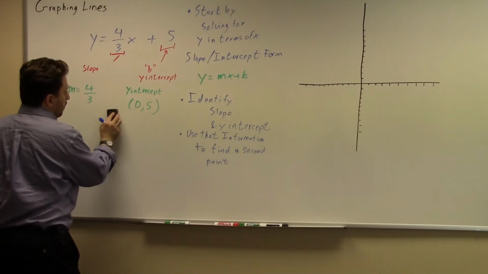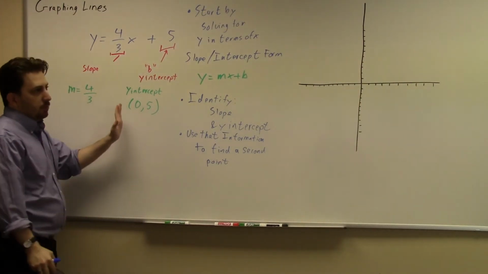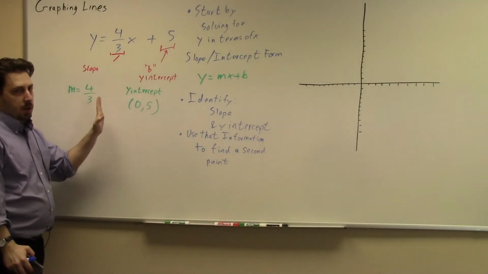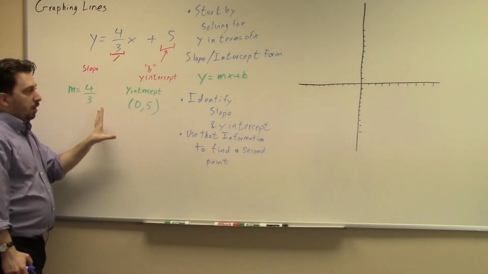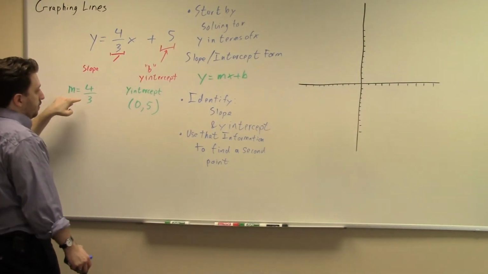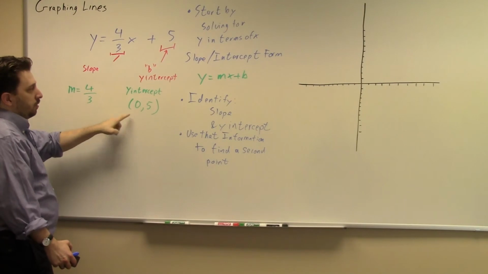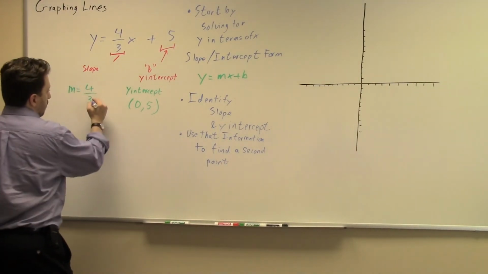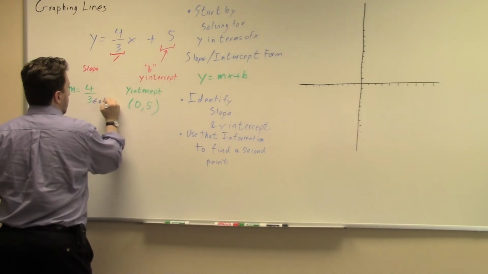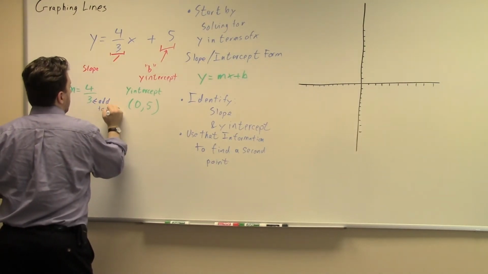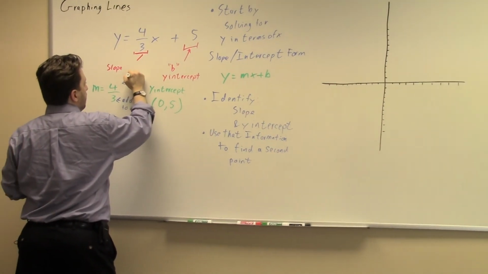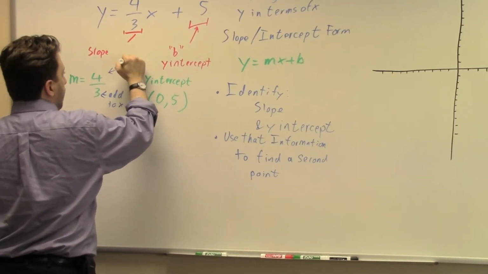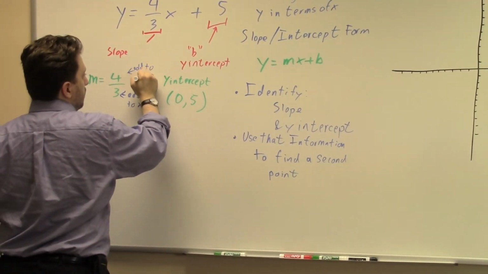Instead of trying to count on the graph, which I have trouble with sometimes, I'm going to add the bottom of my slope to my x coordinate and the top of my slope to my y coordinate. So I'm going to find my second point algebraically as opposed to visually.